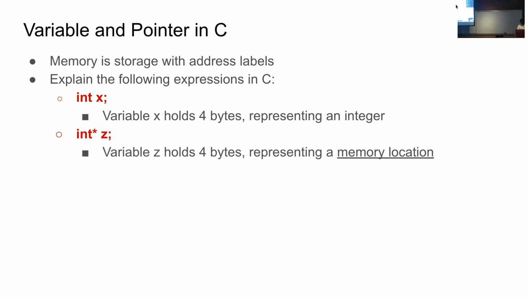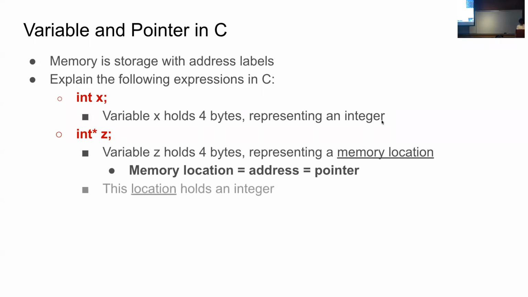A memory location is the same as an address, is the same as a pointer. You can think of a pointer, a memory address, a memory location, they're all the same. And this location holds an integer. That's all it's saying: z is a pointer to an integer. If you follow where the location points to, it'll hold an integer.